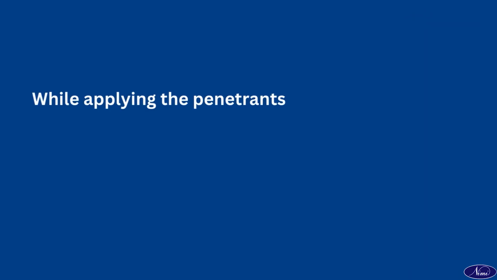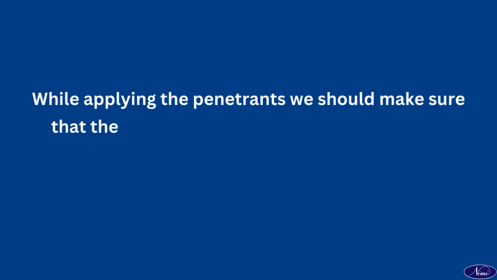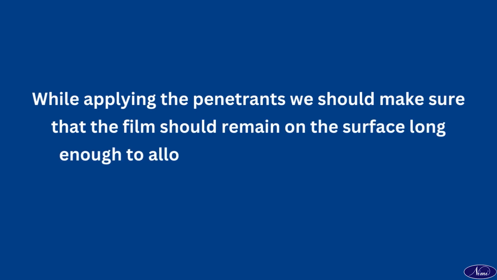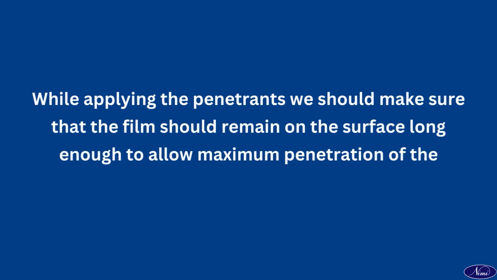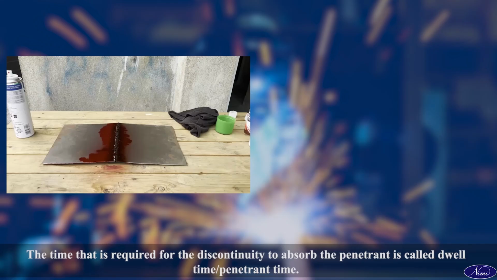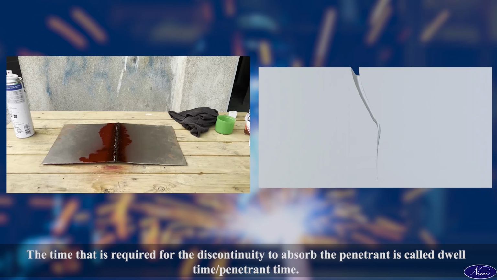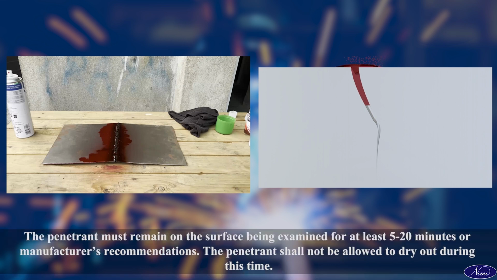While applying the penetrants, we should make sure that the film remains on the surface long enough to allow maximum penetration of the penetrant into the surface openings. The time that is required for the discontinuity to absorb the penetrant is called dwell time or penetrant time.